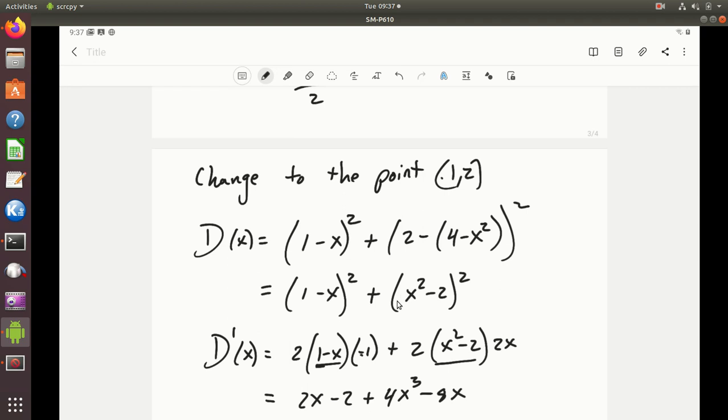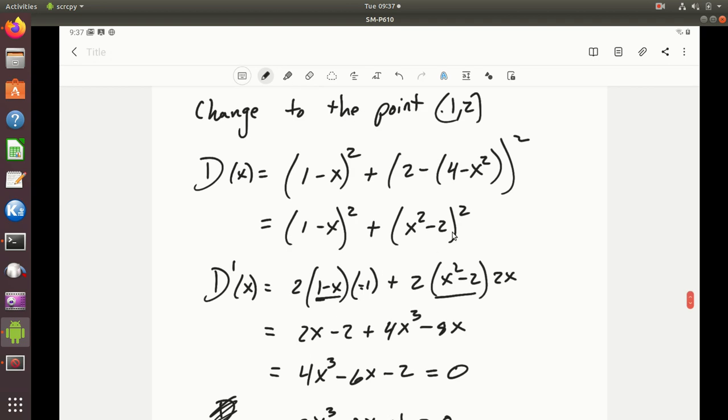No. Okay, change the point here. I had x squared minus 2. Whew. Okay, so that all looks good. Then I bring down the 2 times 1 minus x times the derivative of what's inside is minus x. And then here, I brought down the 2 times x squared minus 2 times 2x.